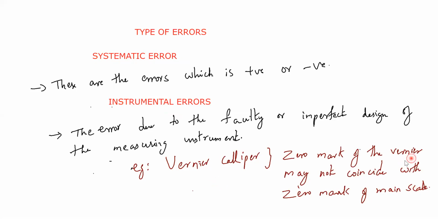Actually, both should coincide, but due to the fault in the instrument, it will not. Once you do the experiment on the vernier caliper, you will understand much better.